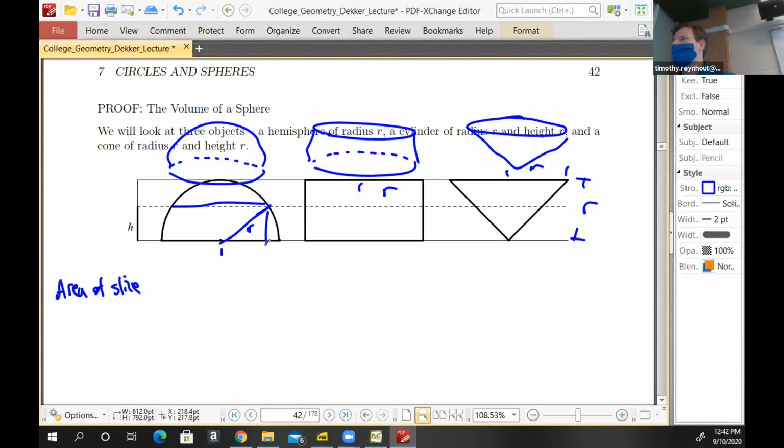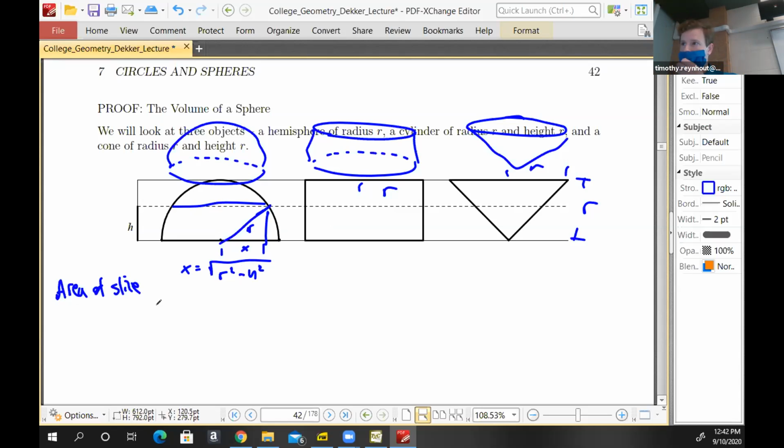This value here, if we were to call that x, right, x is the square root of r squared minus h squared. And the area of that disk, that slice, would be pi times x squared.